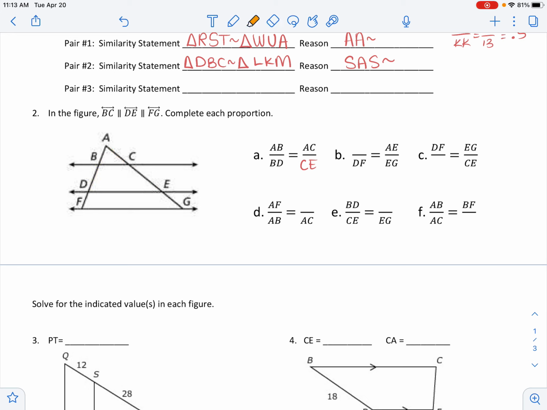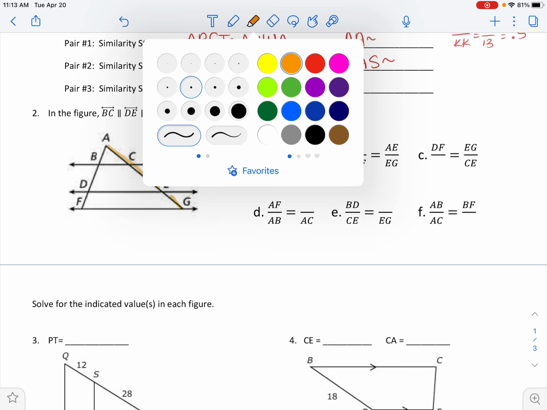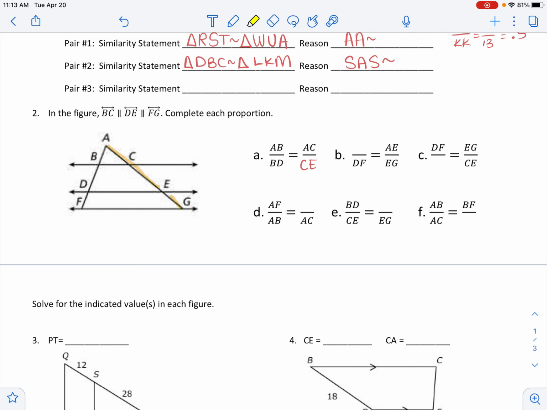So the next one, I've got AE over EG. And I'm going to start with the one we see fully first. So AE is right here, over EG is the smaller piece, equals what over DF? Well, to match what I have on the right side, I know I would want this piece right here, which is AD.